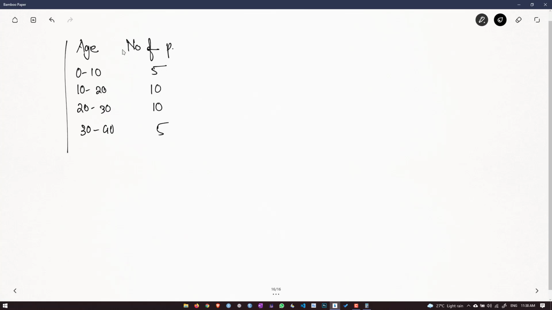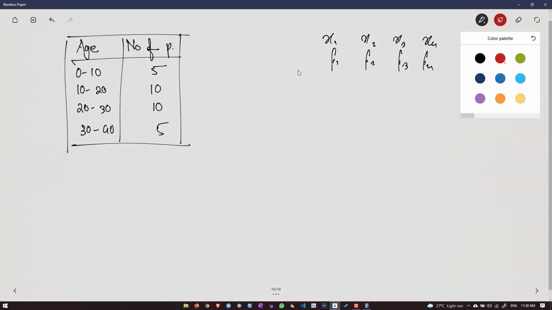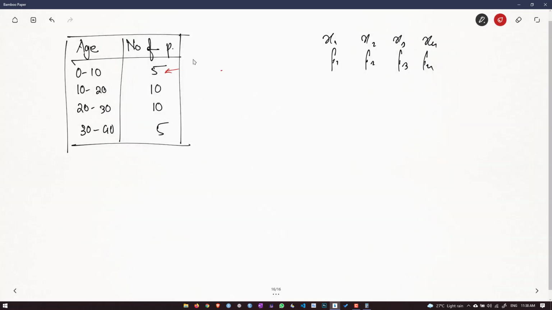Now in this example, our formula requires x1, x2, x3, x4 and f1, f2, f3, f4, right? Obviously this one over here is f1, this is f2, this is f3, and this one is f4.